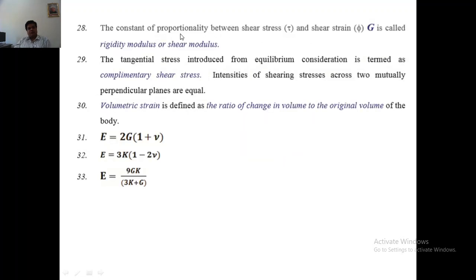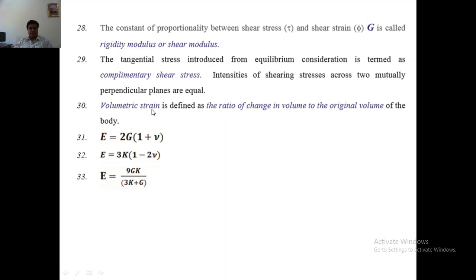Also, we saw shear stress and shear strain. That ratio is the shear modulus or modulus of rigidity, G. Just like Young's modulus, normal stress by normal strain, similarly we have modulus of rigidity G, shear stress by shear strain.